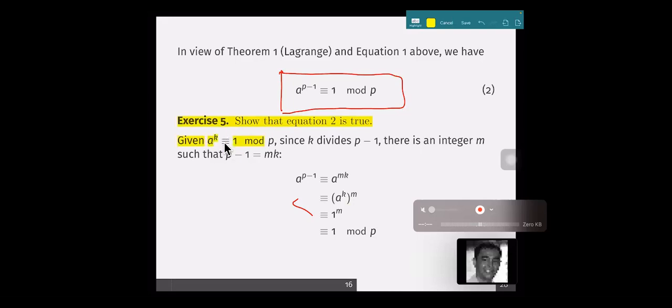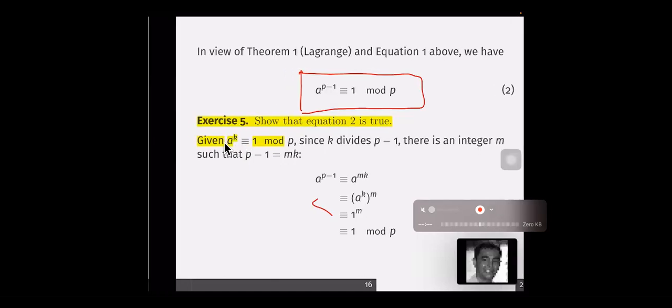Now, since the group generated by a to the k is a subgroup, it means that the order, which is k, divides p minus 1, according to Lagrange's theorem. So this one is true.